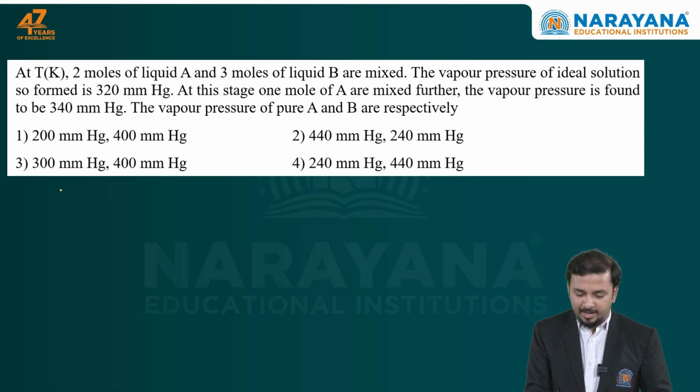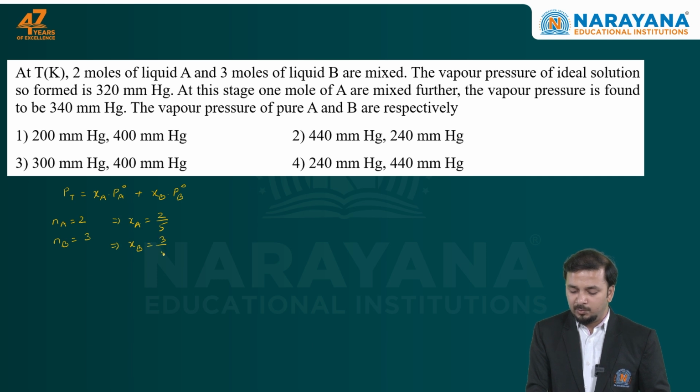So we know according to Raoult's law, Pt is equal to mole fraction of A into Pa naught plus mole fraction of B into Pb naught. Initially they have given moles of A is equal to 2, moles of B is equal to 3, which means mole fraction of A will be 2 by 5 and mole fraction of B will be 3 by 5.